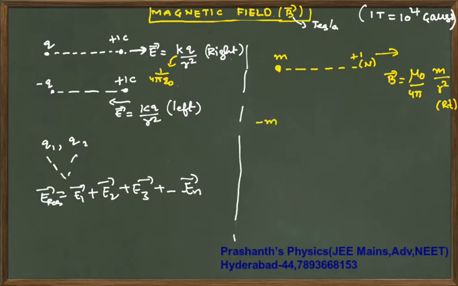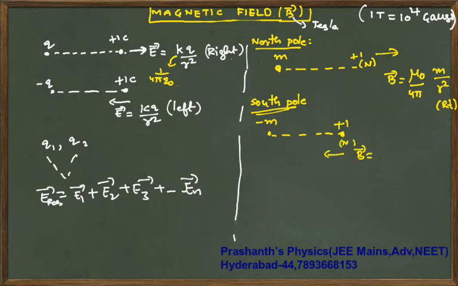Because of poles you will have magnetic field. If it is because of a south pole, what is the value? If it is plus 1 unit north pole, this north pole will be attracted this way.